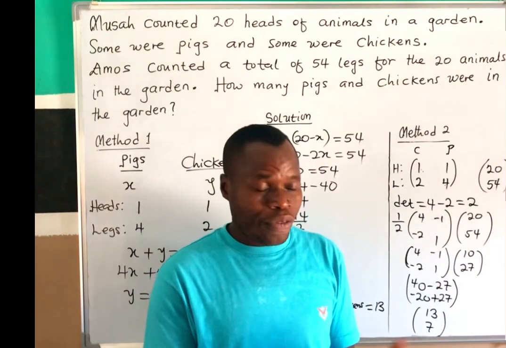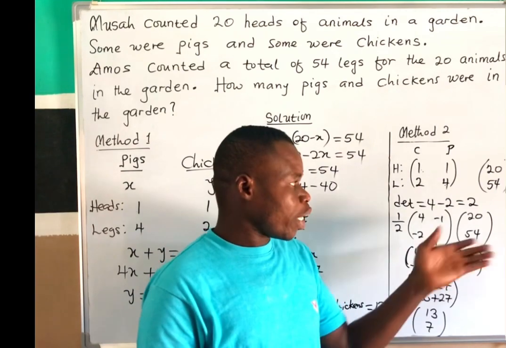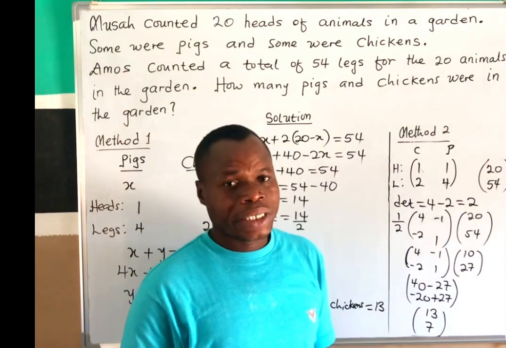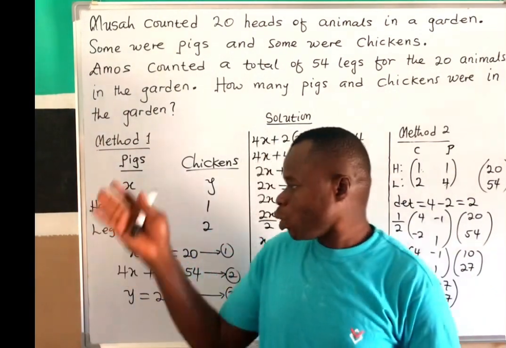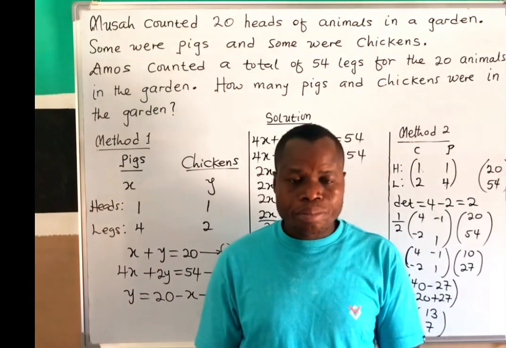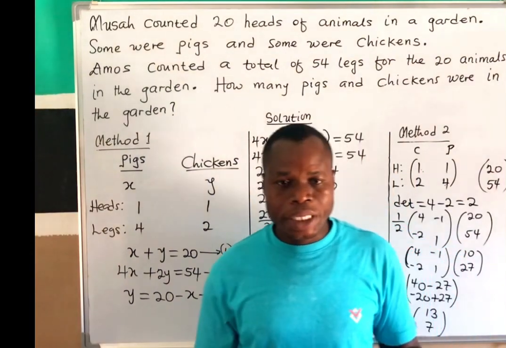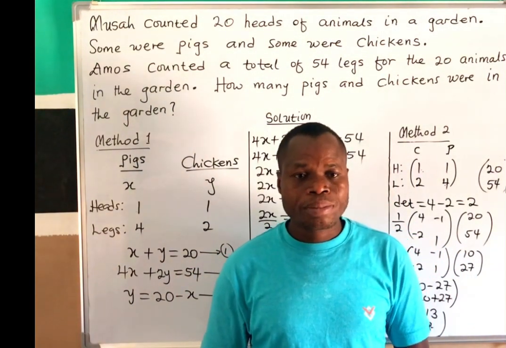If you know how to find the inverse of a 2 by 2 matrix, then after that you just multiply by this, and it's a quicker way of solving this. This method is used when the question is objective, and the first method is used when you are solving for theory in your maths. So this is how the solution of this particular problem will be.